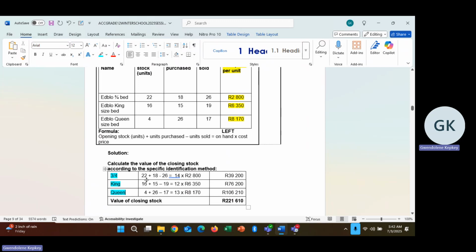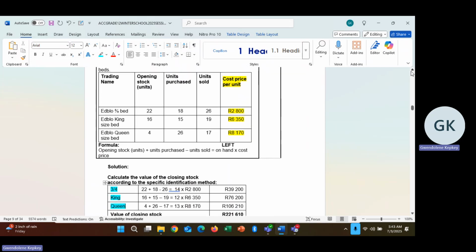So initially in my 3/4, the beginning stock is 22. I've purchased 18 items. Let me just move up a little bit so that it can at least show. I have opening stock of 22. I purchased 18 items.